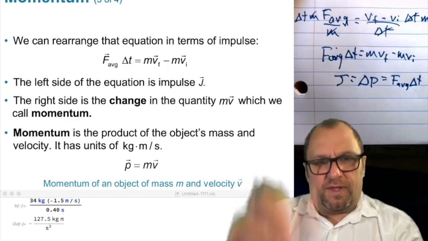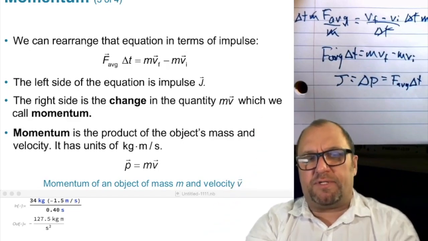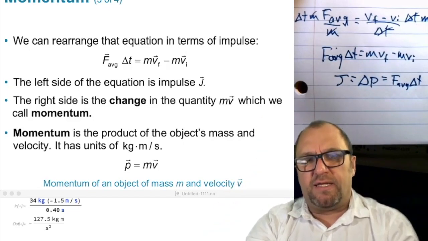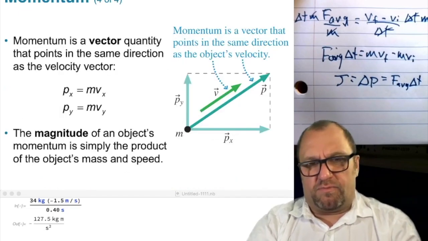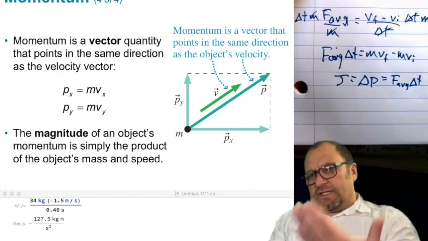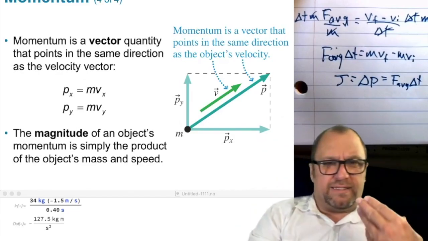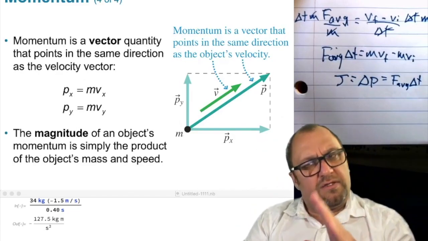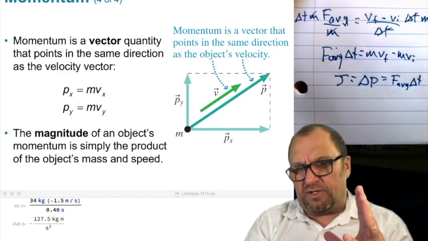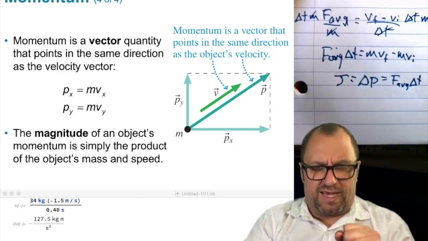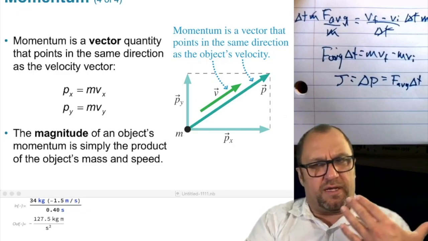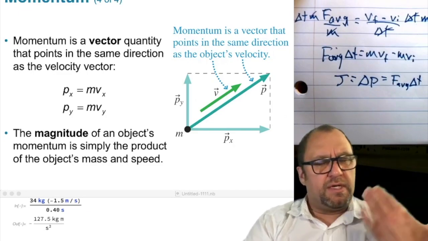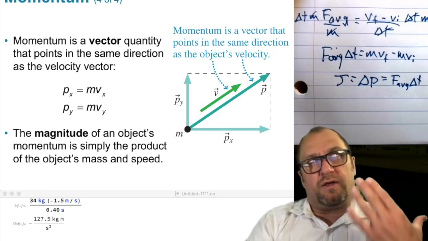So we end up with momentum being the product of the object's mass and velocity. It has units of kilograms times meters per second. Momentum is a vector. Velocity is a vector, so momentum always points in a certain direction, and it could be in X, Y, or Z. Depending on how you call your coordinate system, it's going to change accordingly.